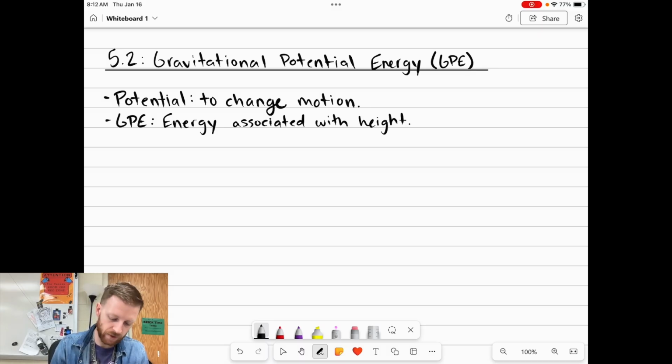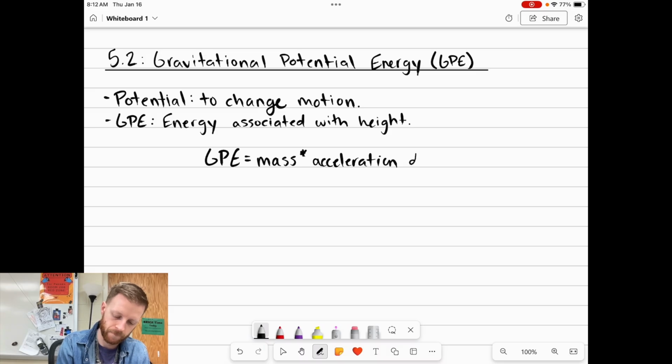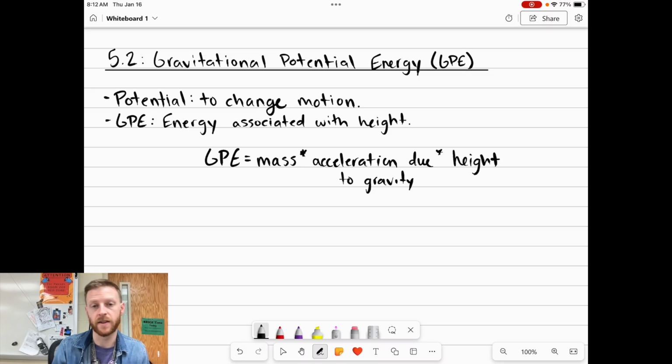So we end up with this equation where we have the GPE, the gravitational potential energy. I'm going to write it out in word form first: it is the mass of an object times the acceleration due to gravity times the height of the object.